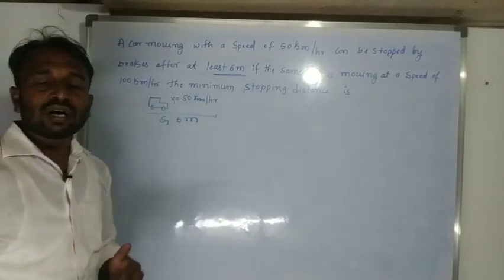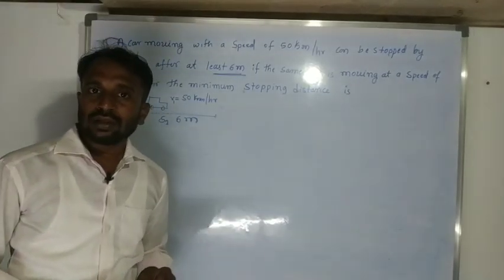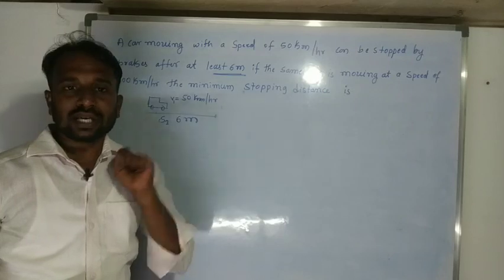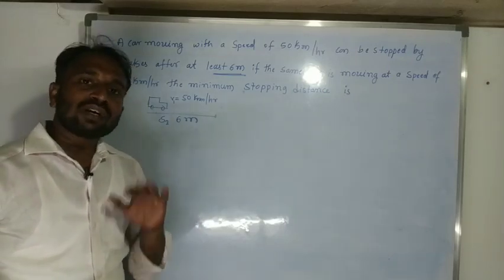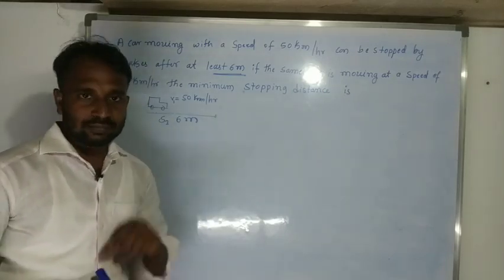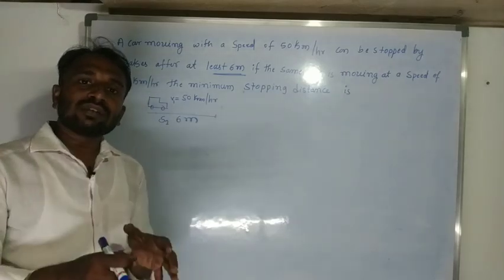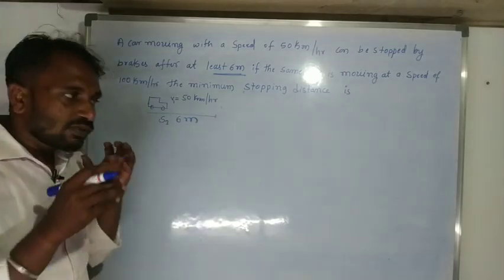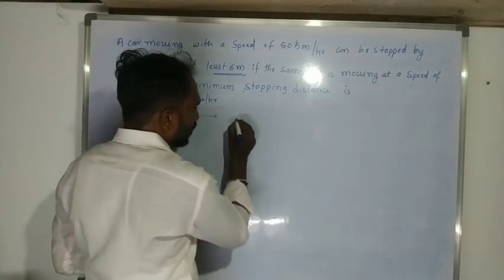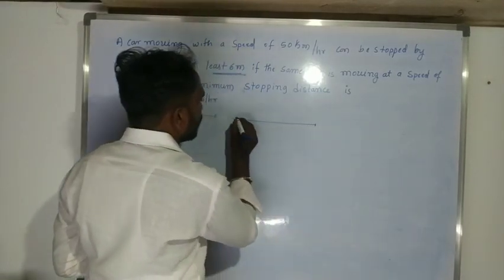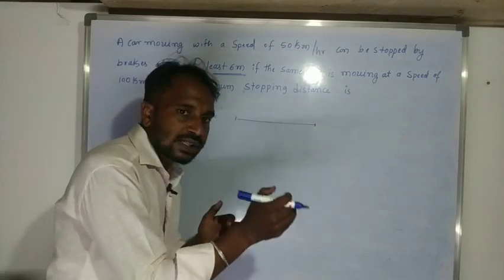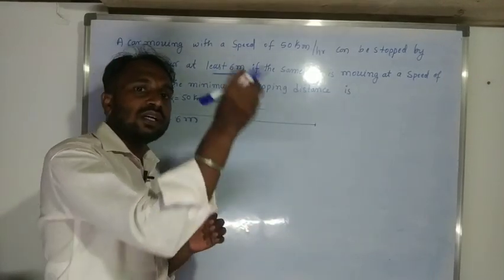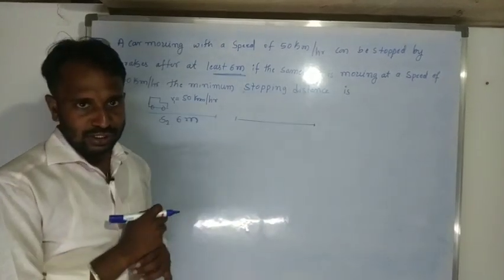So the same car is moving with a speed of 100 kilometer per hour. So the driver wants to stop the car, so the driver applies the brake. When the driver applies the brake, the car covers a particular distance, and afterwards it comes to rest position.